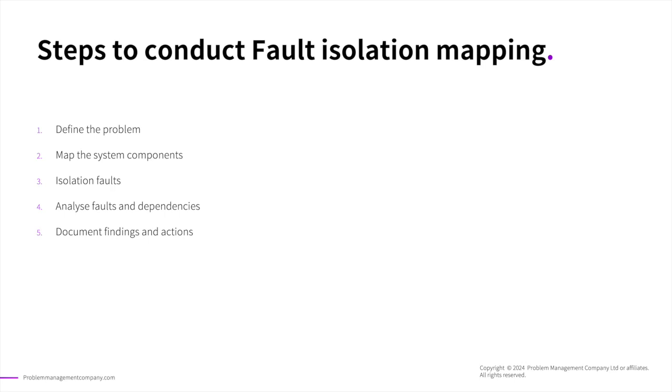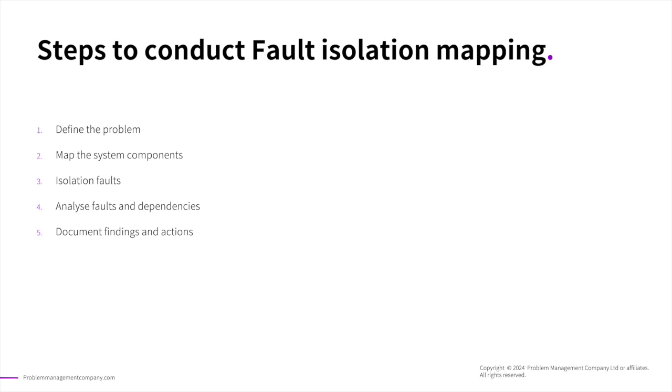Step 3. Isolate faults. Systematic testing. Begin isolating the fault by systematically testing each component. Use techniques such as divide and conquer. Divide and conquer is where you break down the system into smaller sections and test each section independently.